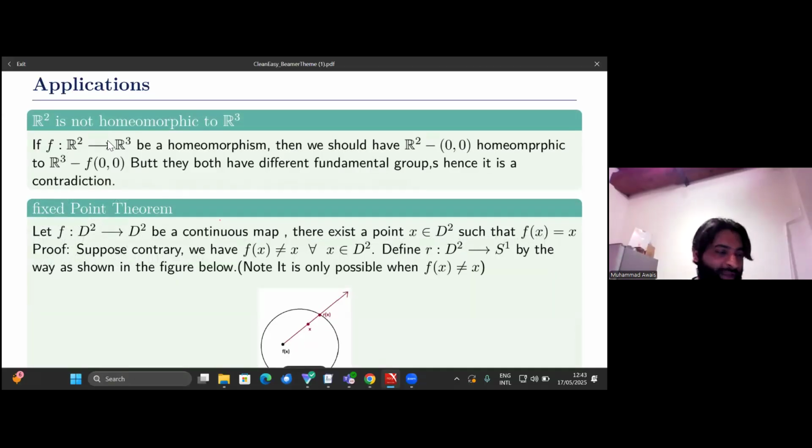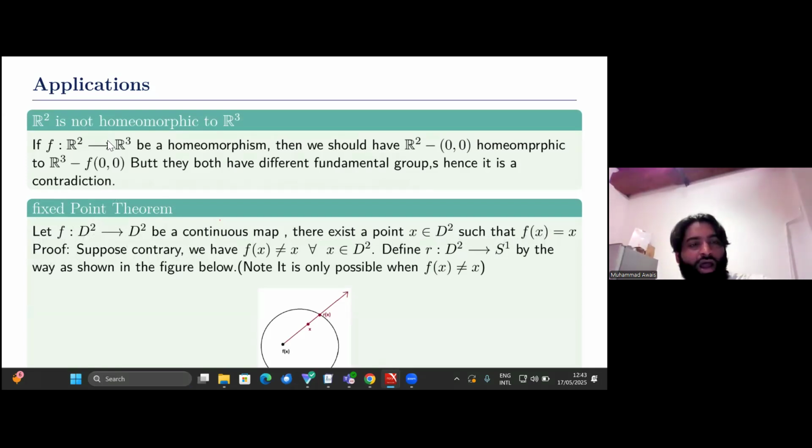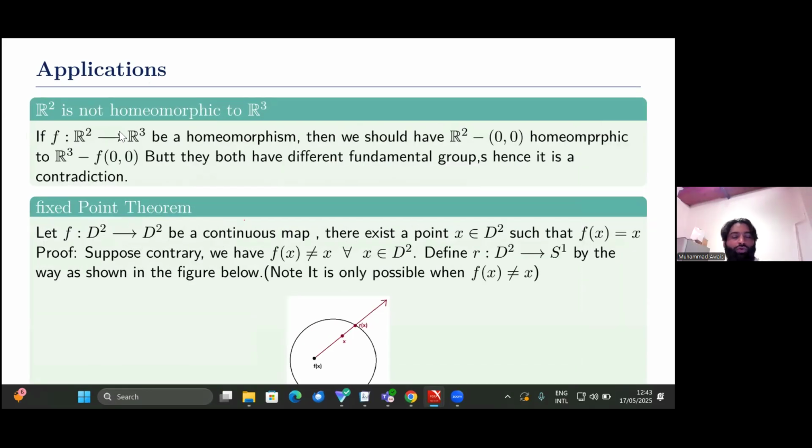Okay, the first application, a very basic application, is that R2 is not homeomorphic to R3. I don't think so. If one has another way to prove this, I will happily accept it.